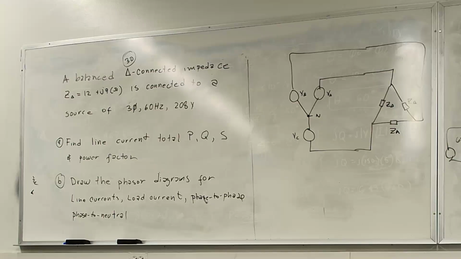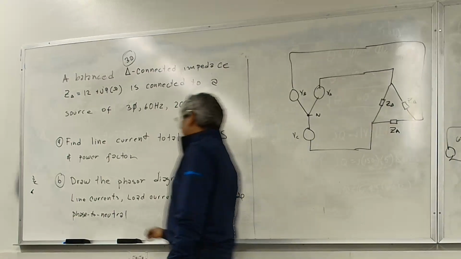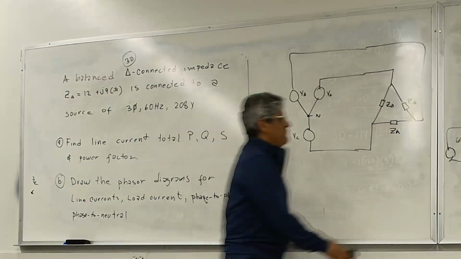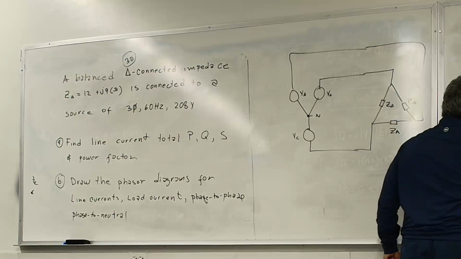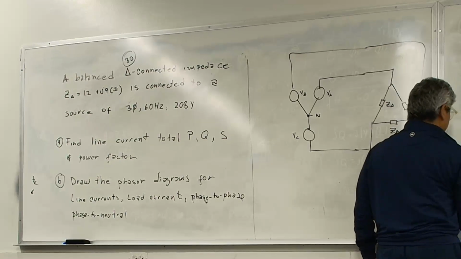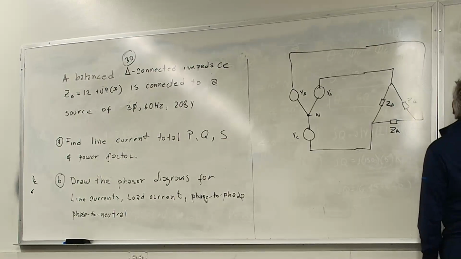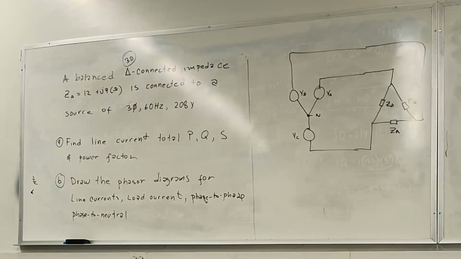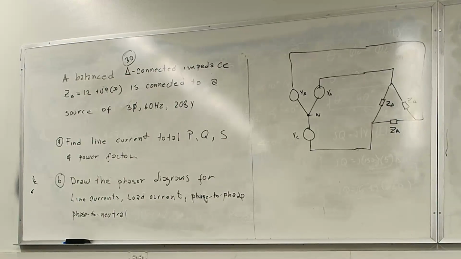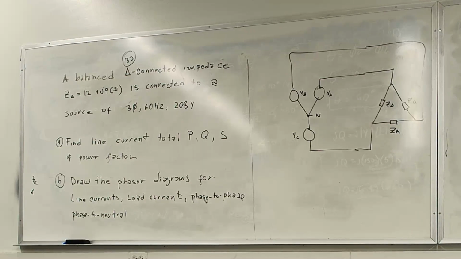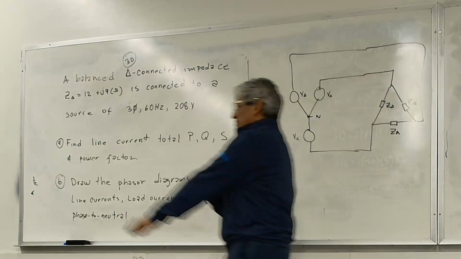In the problem, they tell you to use the AB voltage, the line-to-line voltage, as the reference. So the voltage 208 that I gave you, what kind of voltage is that? Three-phase, is it line-to-line, is it line-to-neutral?